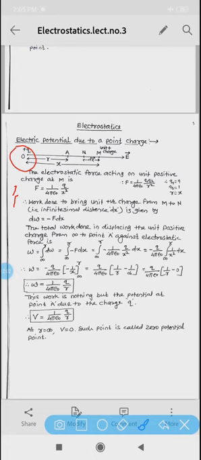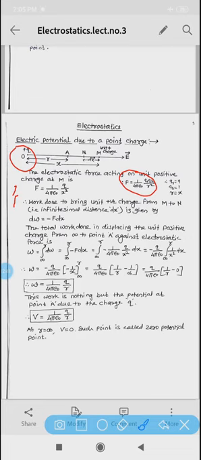Actually this is the force of repulsion between the two positive charges. According to Coulomb's law, F is equal to 1 upon 4 pi epsilon 0 q1 q2 upon r square. But here q1 is equal to q, q2 is equal to 1 unit positive charge, and r is equal to x. So F is equal to 1 upon 4 pi epsilon 0 q upon x square.